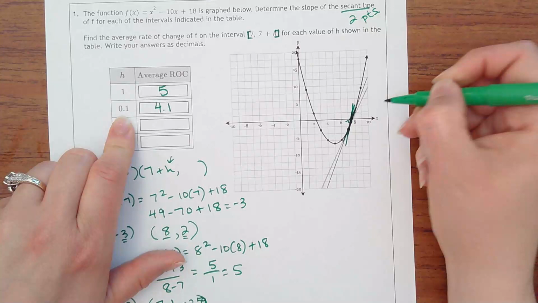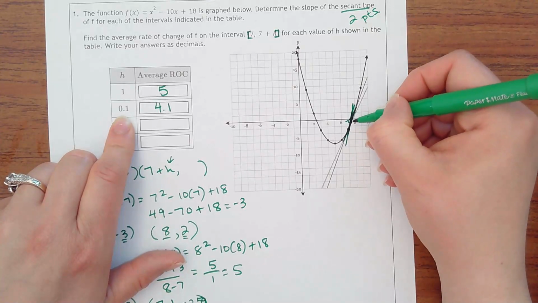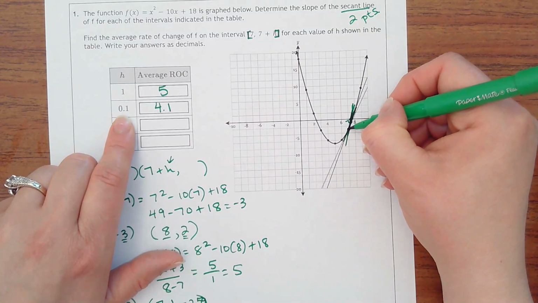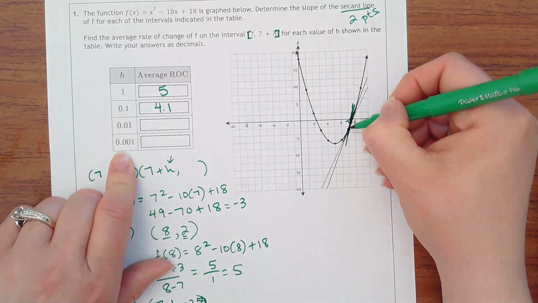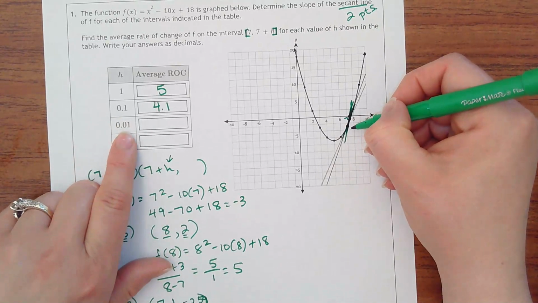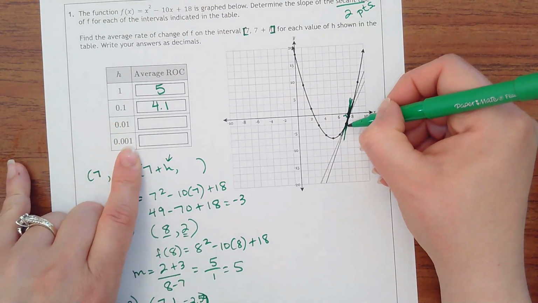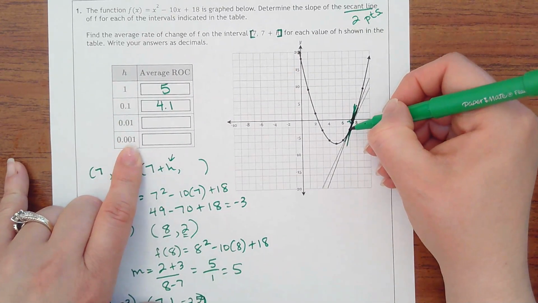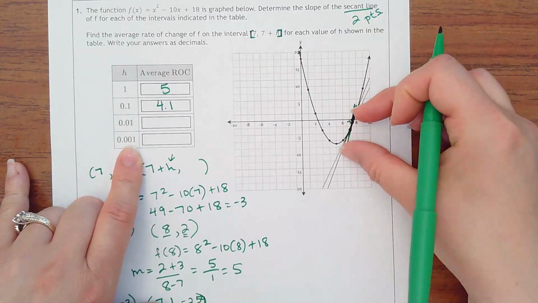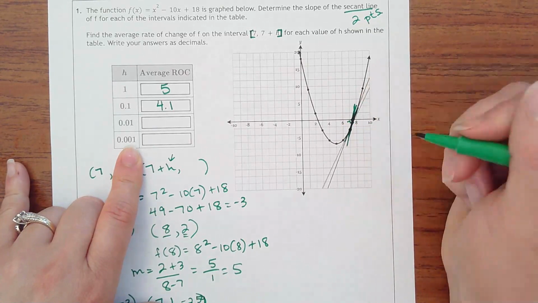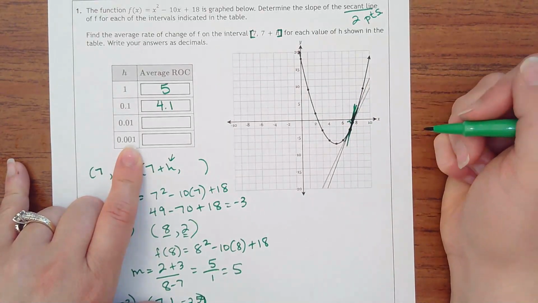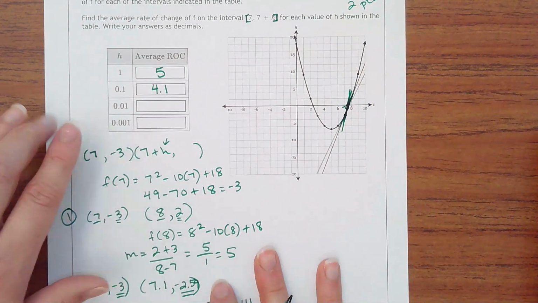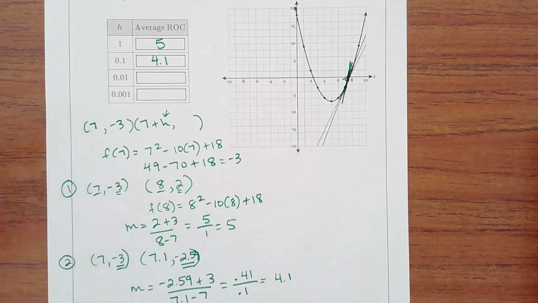It's hard to see here on Delta Math, it changes colors, but the closer you get to x is 7, which will get closer and closer, nearest 10th, 100th, 1000th, the more accurate your slope is. Picture zooming in and getting closer and closer to that specific rate of change. They call it an instantaneous rate of change because it's how it changes at that instant.